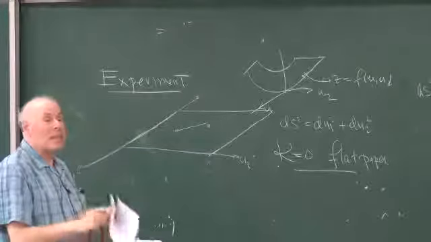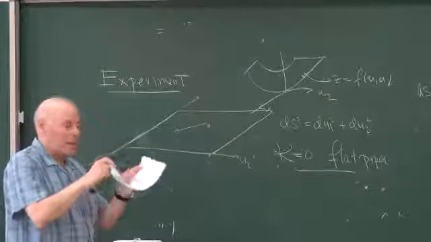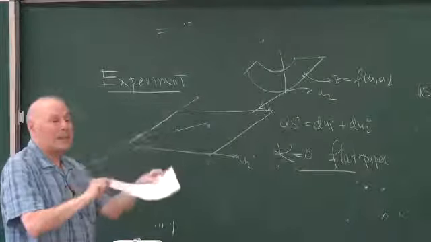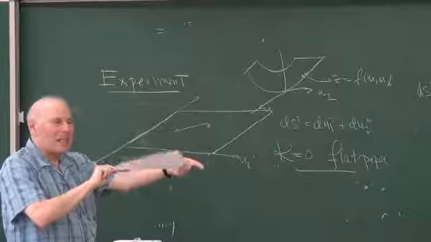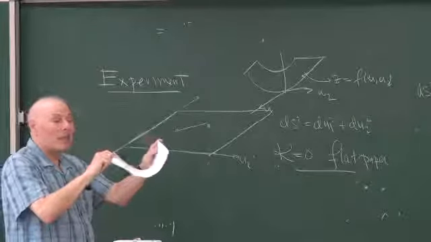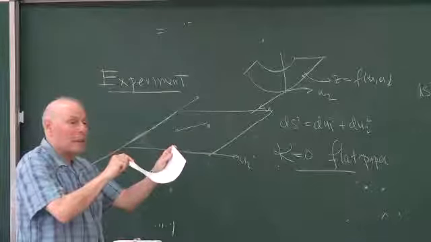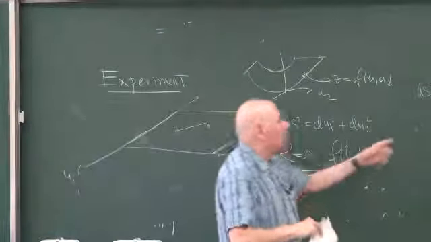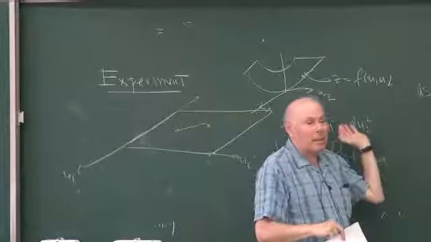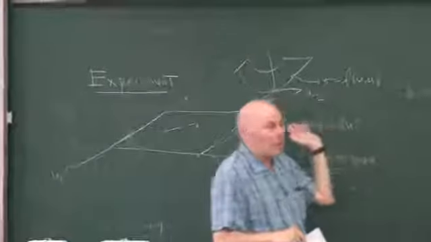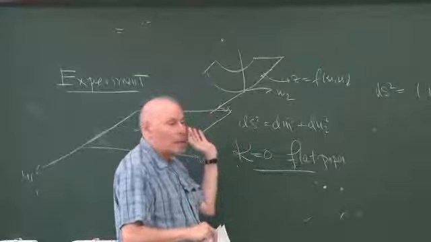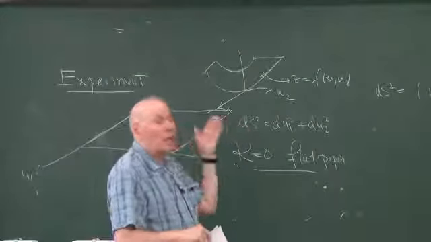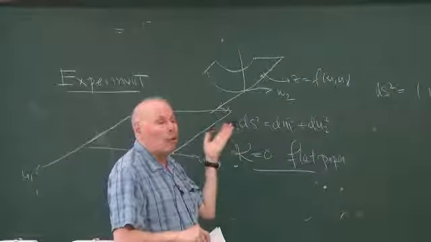But since it's paper, it's not elastic, it didn't deform, so the distance is the same. That means whatever the f is, the metric had to have been the same. But the Gauss curvature only depends on the metric.